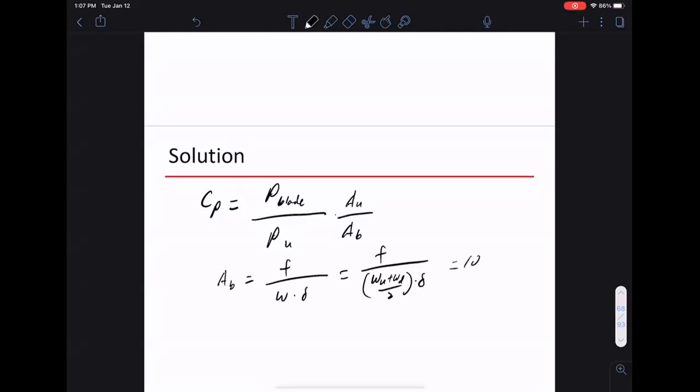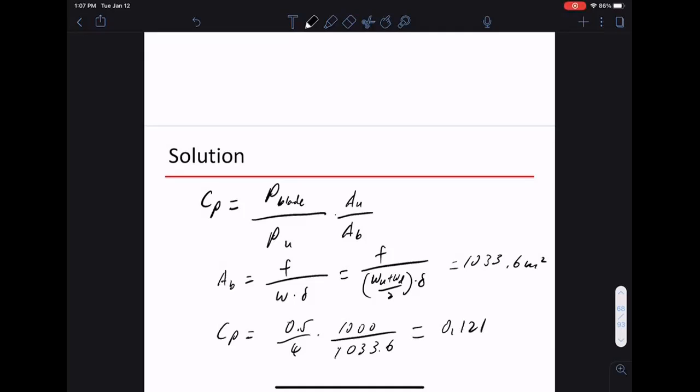So we get about 0.6 meters squared. So the coefficient of performance, then, this is 0.5 over 4 times 1,000 over 6. So we get about 0.121. So 12%, about 12% efficiency.